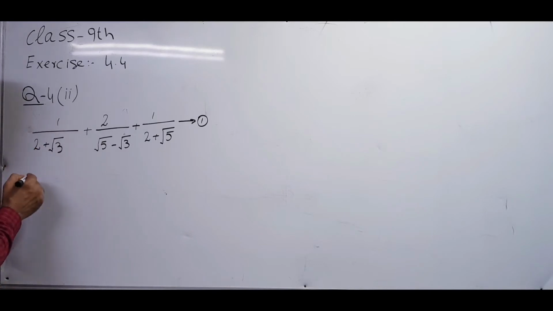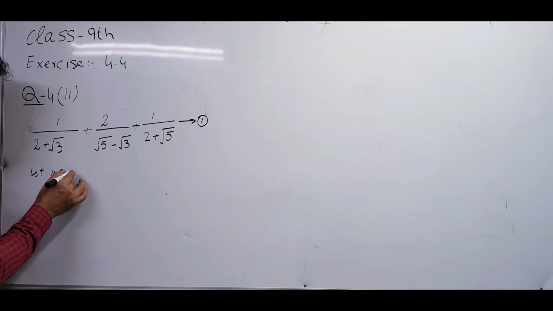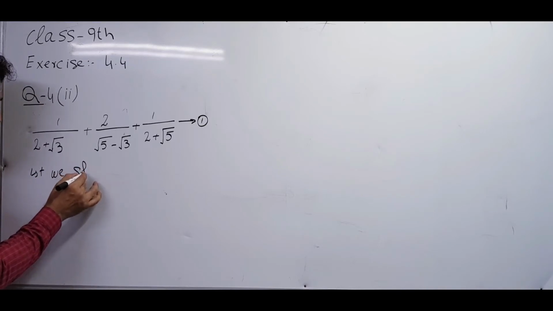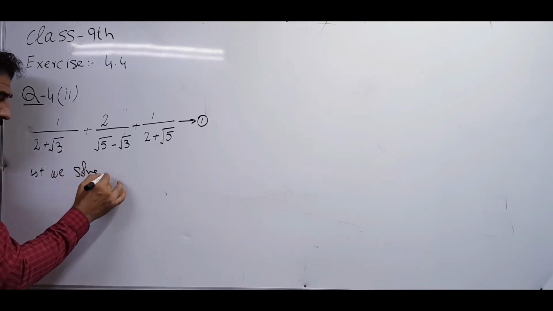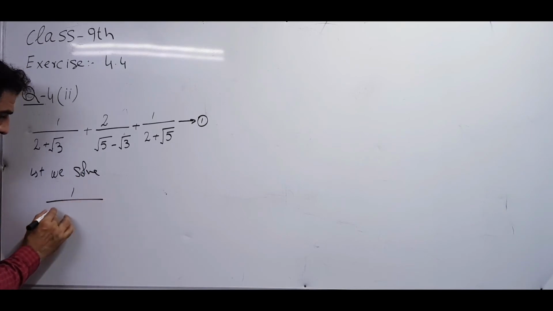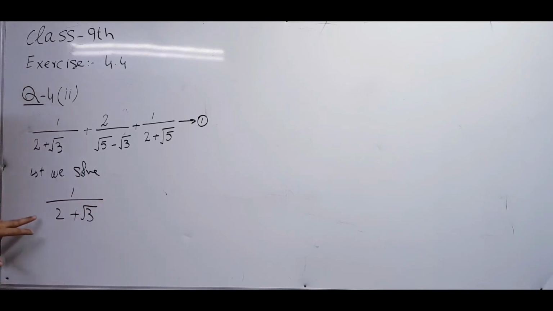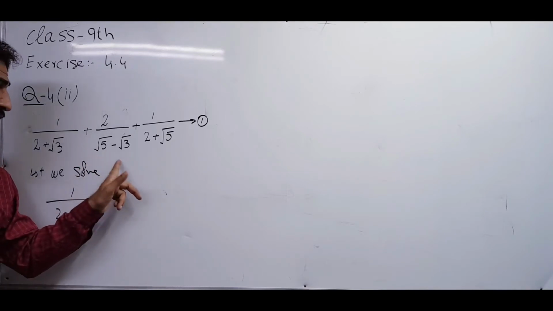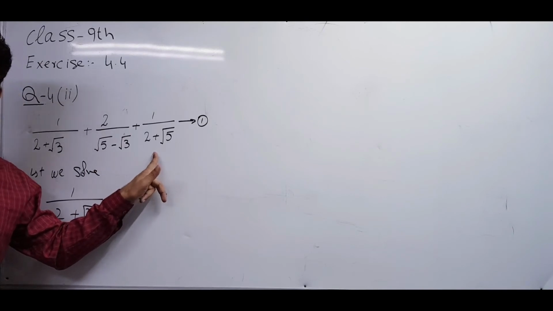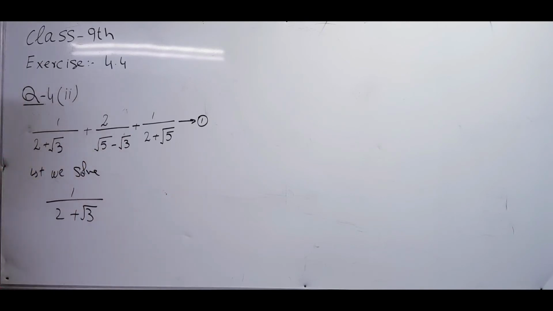Like first we solve only this part. In question number 1, it is like that, rationalize the denominator. So we have to rationalize the denominator and simplify. When we get the answer, we leave it to make equation 2. Then we solve this part, then all the parts are added at the same time.